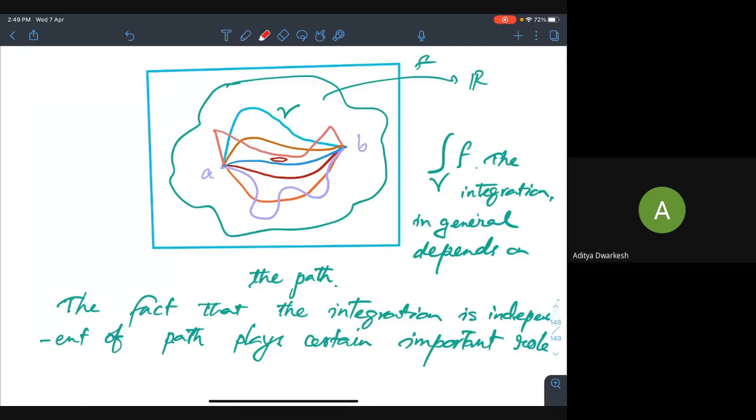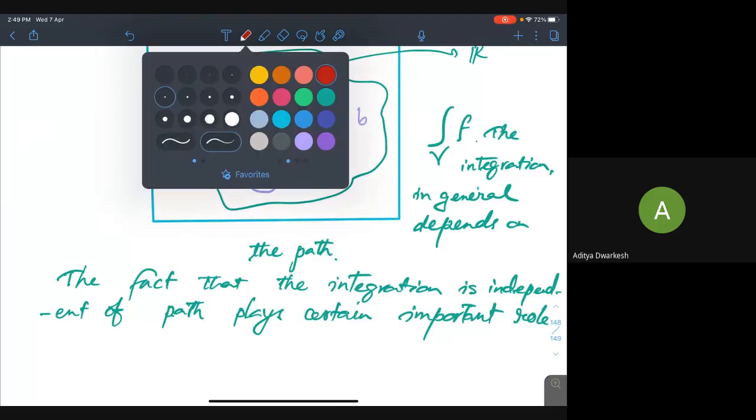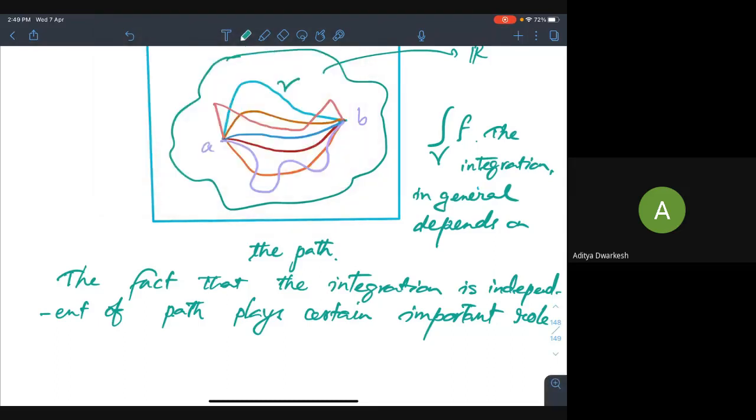So it depends on how the domain looks. If there is no hole in R2, then perhaps the integration is independent of the path. I think that is in the syllabus of analysis 3. But what is important to know is whether the integration is independent of the path or not.